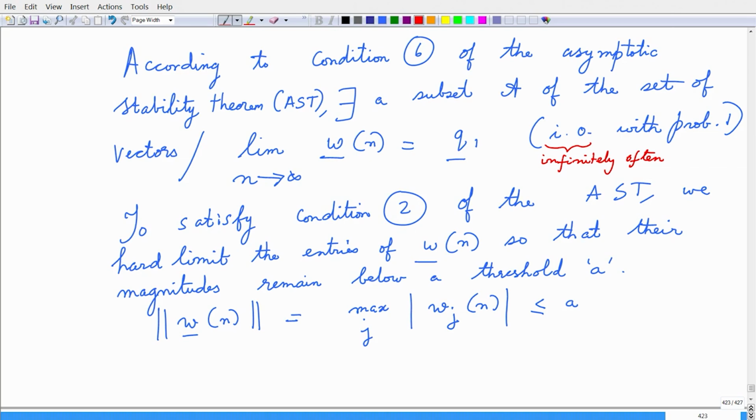The norm of w of n is equal to, I say, max over j of the absolute value of w j of n, which is, I look at all the components j and I take the maximum of the absolute value of the component of the vector and I limit that to A, right. This component is less than or equal to A, this is what I mean.